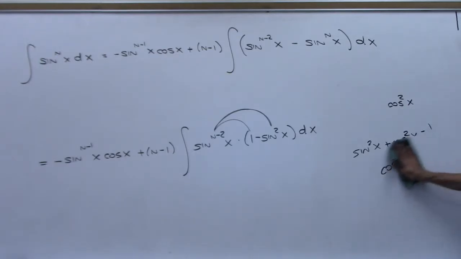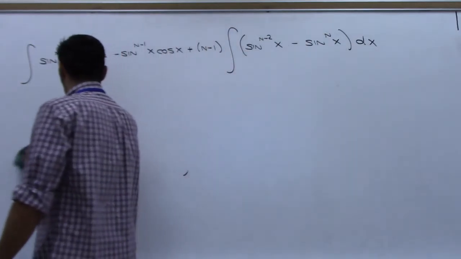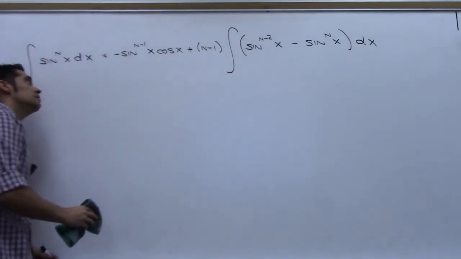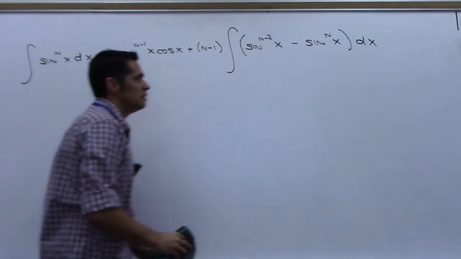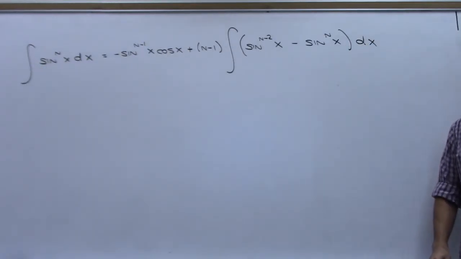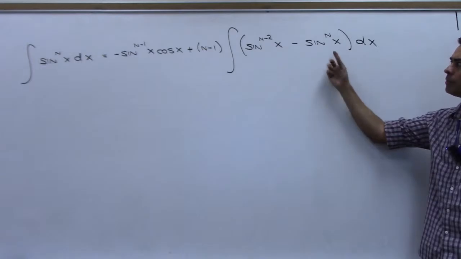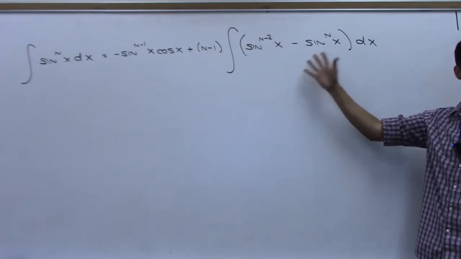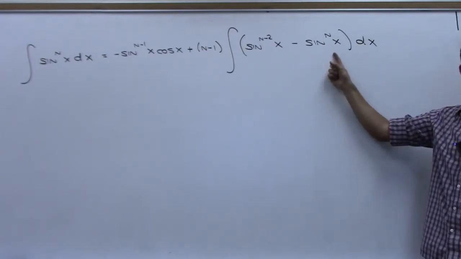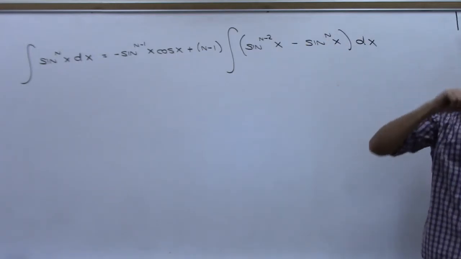This is about to be pretty awesome. Does anyone see it yet? Oh, you can separate the integral, right? We can split this into two integrals, can't we? You can add that to the other side. And then this is the one over there, isn't it? And I can bring it over to that side, like the rabbit out of the hat.